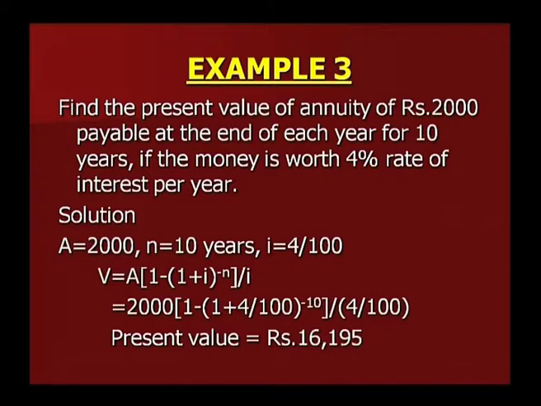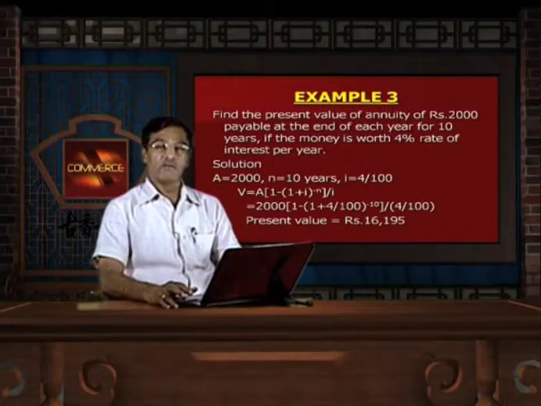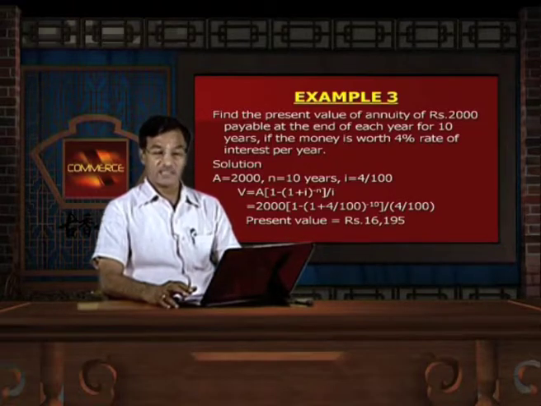Therefore, V is equal to A 1 minus 1 plus I to the power minus n whole divided by I, equal to 2000 multiplied by 1 minus 1 plus 4 upon 100 whole power minus 10 whole divided by 4 upon 100. Therefore, its calculated value is 16195. Here we have calculated the present value of annuity of rupees 2000 for 10 years at the 4% rate of interest, and it amounts to rupees 16,195.